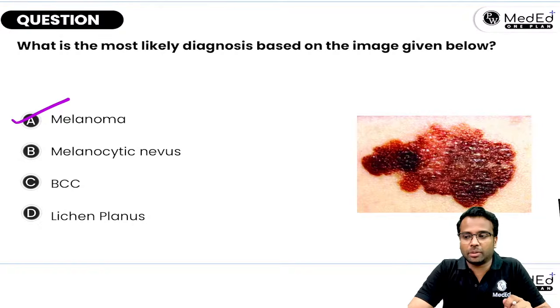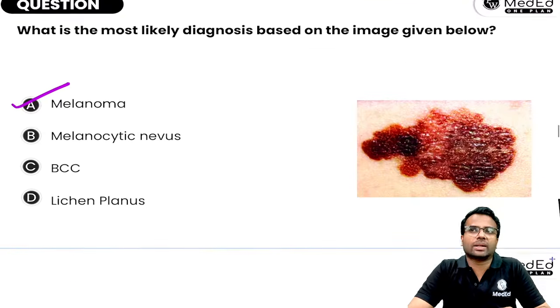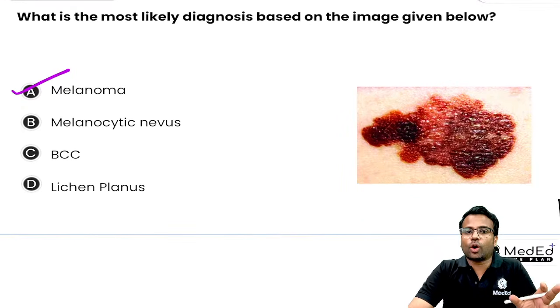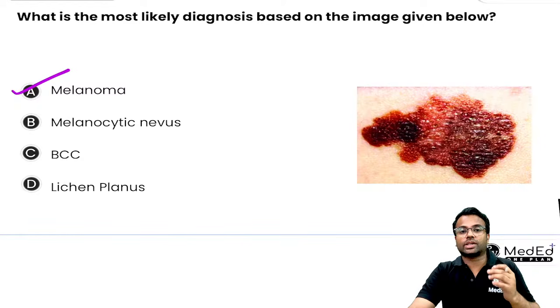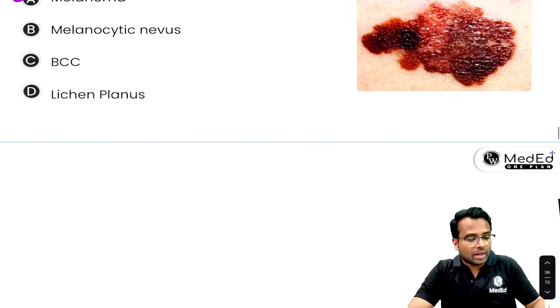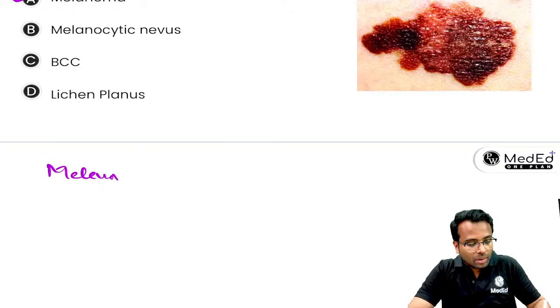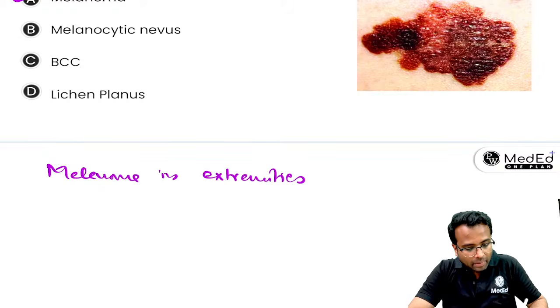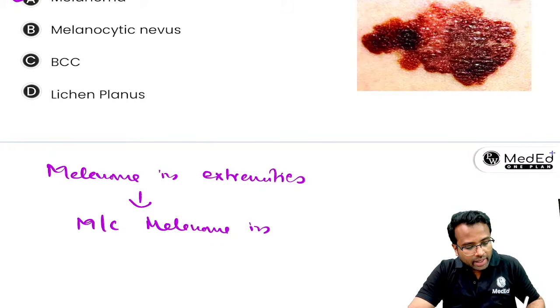Think about malignant melanoma. And in the last INI-CET exam, you also got a question like what is the type of melanoma that you are suspecting when you see this lesion in the extremity. So please remember, melanoma in the extremities is the most common type of melanoma in India.